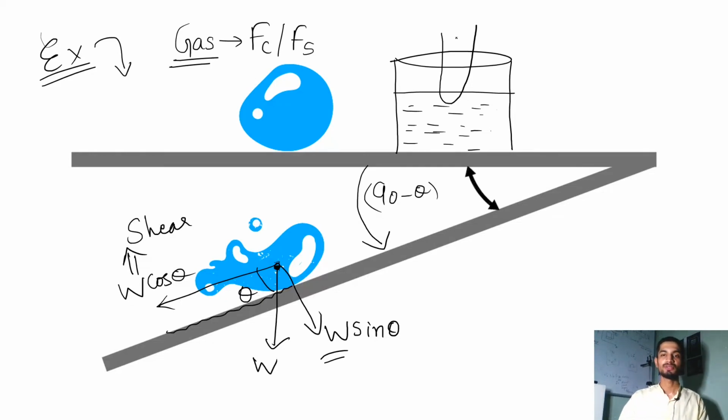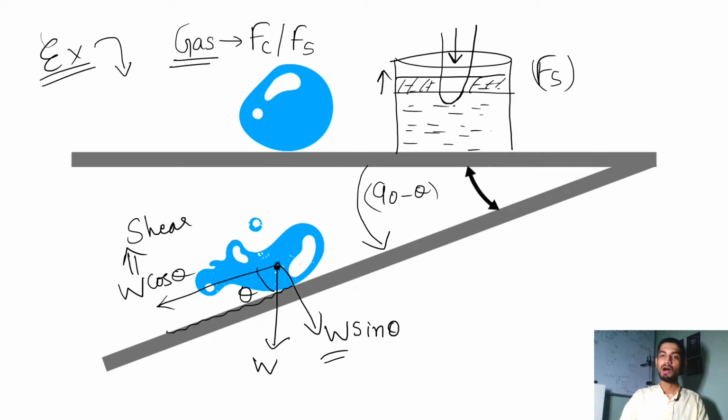So here I have this finger and I want to apply some compression force on it by pressing this fluid downward. Even though it looks like the force that I'm applying by pressing my finger down on this fluid is compression, it is not actually. It is this shear force again, and that will create some deformation by lifting this water up.